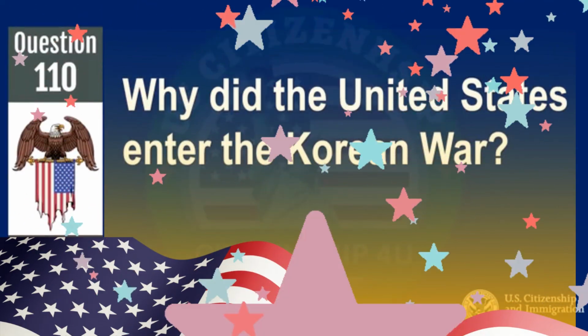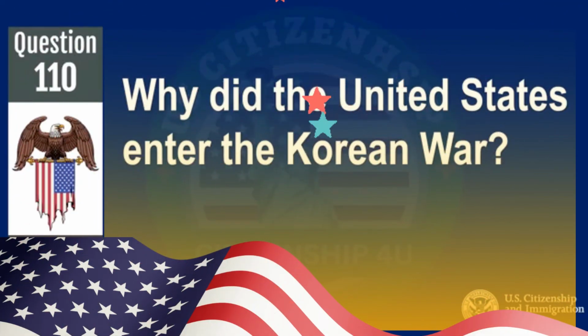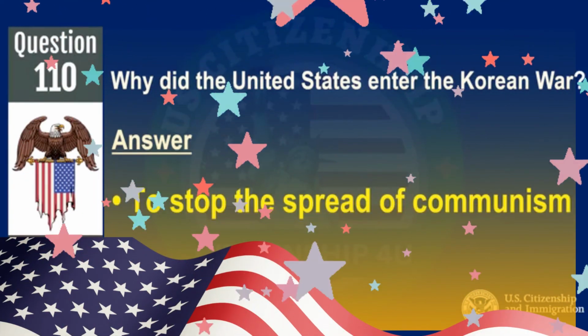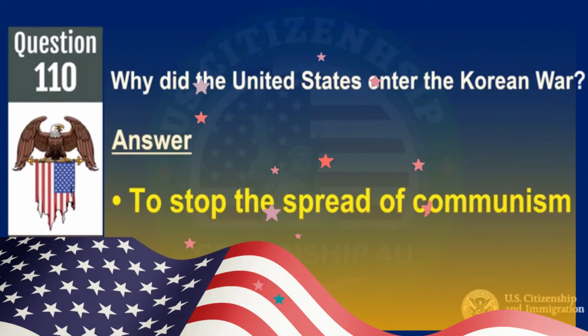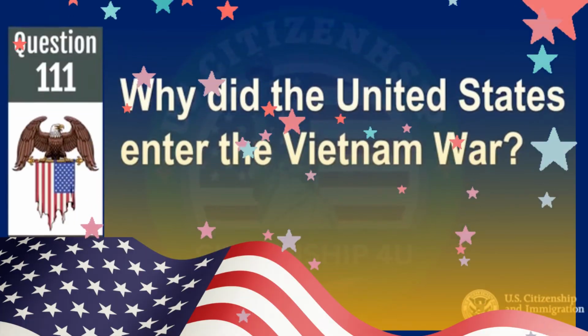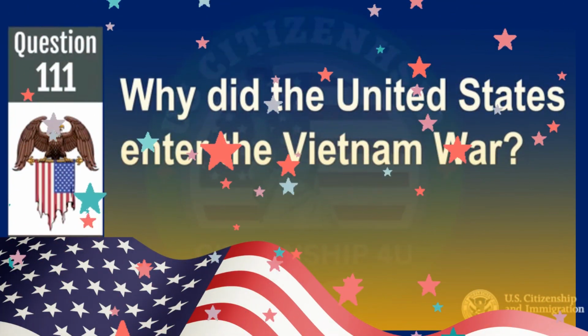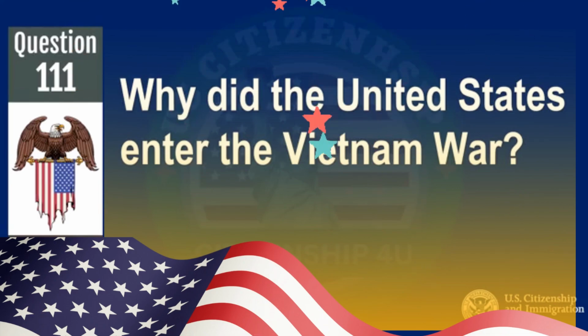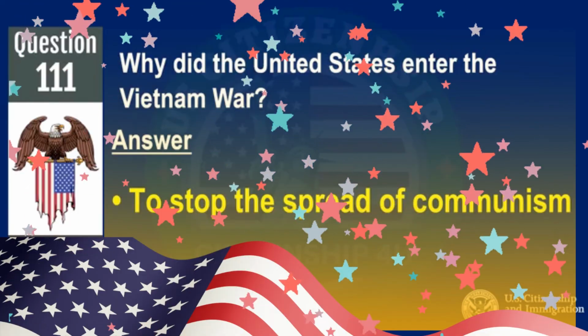Why did the United States enter the Korean War? To stop the spread of communism. Why did the United States enter the Vietnam War? To stop the spread of communism.